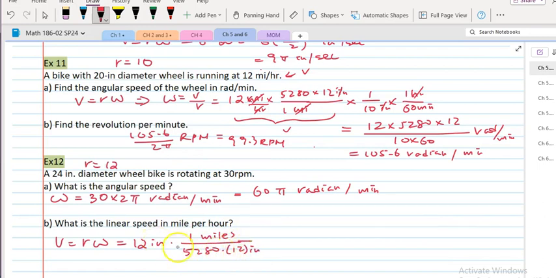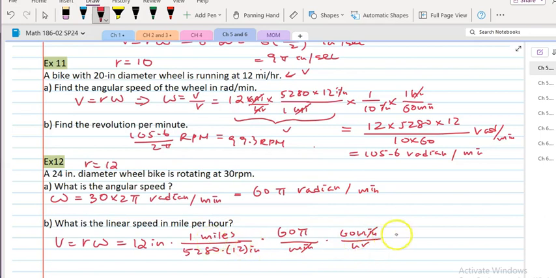So now the inches and inches cancel, and then I want hours. Omega is 60 pi radians per minute. And I don't want minutes, so I would say 60 minutes in an hour. So minutes and minutes cancel, and I have miles per hour.